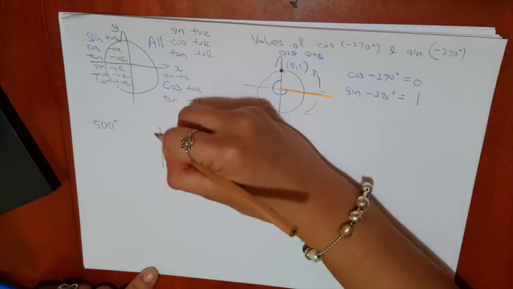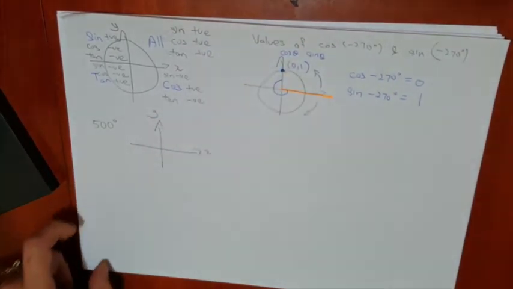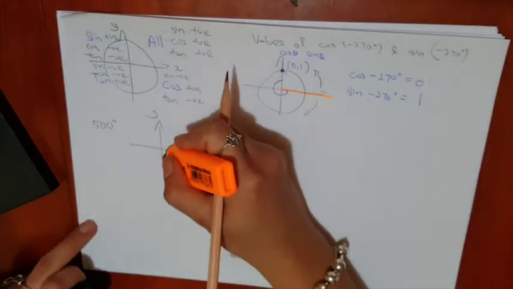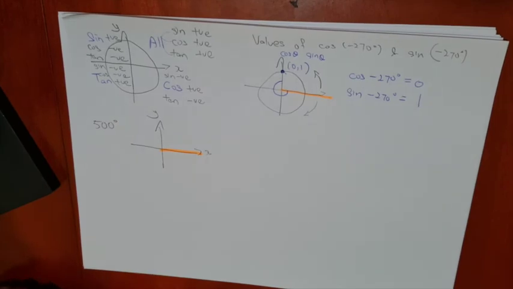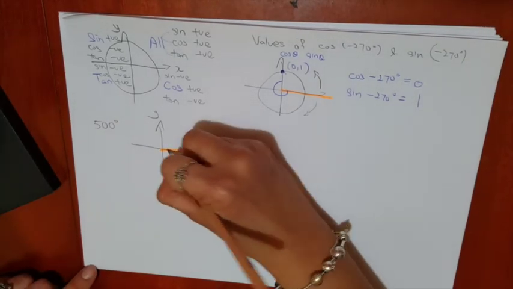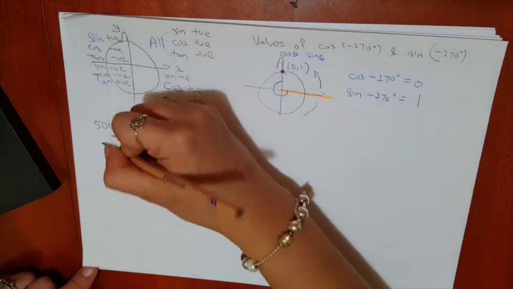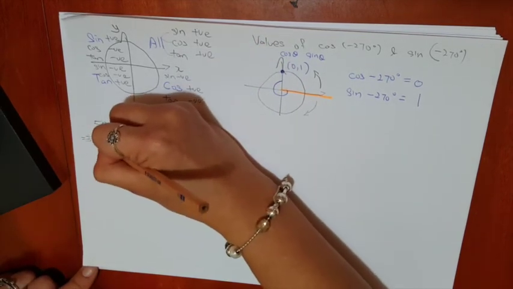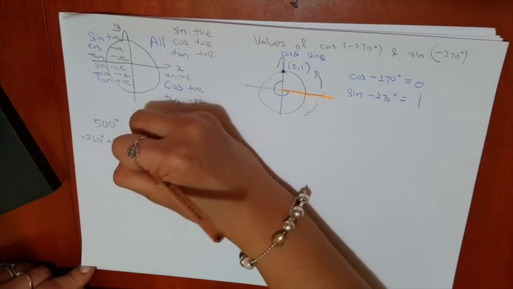Let's go back to the Cartesian plane, x and y. We always need to start from this line. And in this case, because 500 is positive, we need to spin from here to here, which will make a full circle, but that's just 360 degrees. We sort of need 140 degrees more.